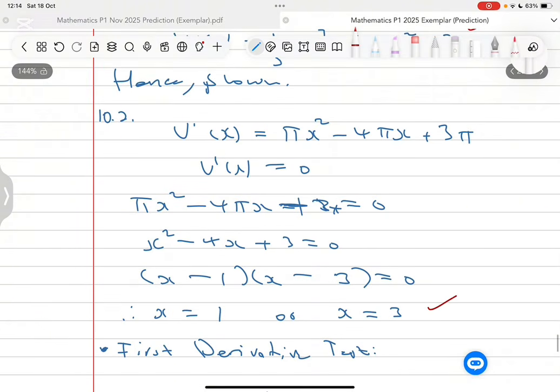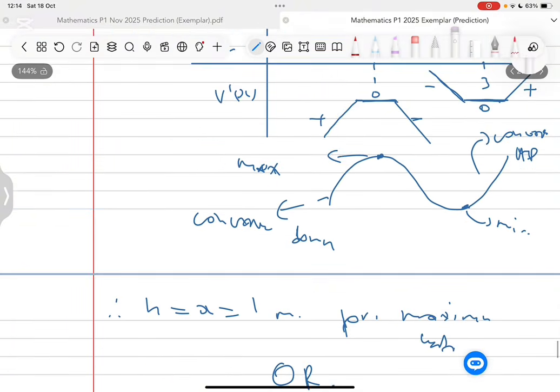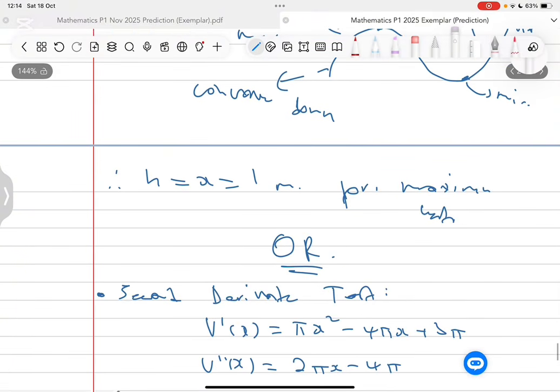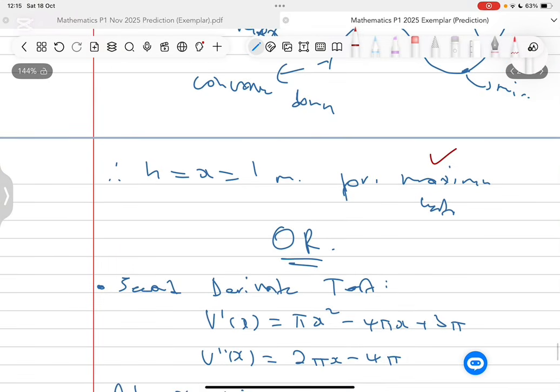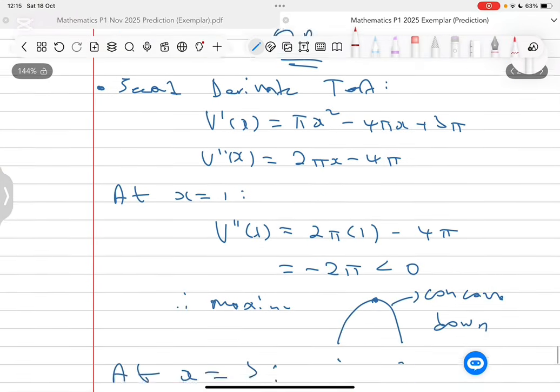If you use this method, you'll get a mark, not for taking the derivative, but for saying the derivative is equal to 0, because remember, a maximum occurs when the derivative is equal to 0. And the final mark will come when you answer the question. Alternatively, they'll mark you if you take the second derivative, so you'll get another mark if you run the second derivative test. It will depend on what method you use there.